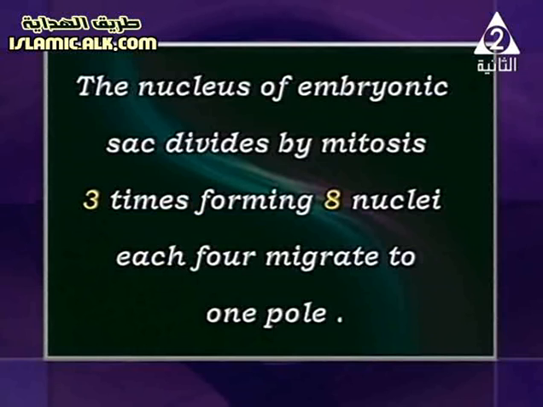Again, the nucellus of the embryonic sac divides by mitosis 3 times, forming what? Forming 8 nuclei. Each 4 migrate to one pole. We have 8, 4 upper and 4 down.